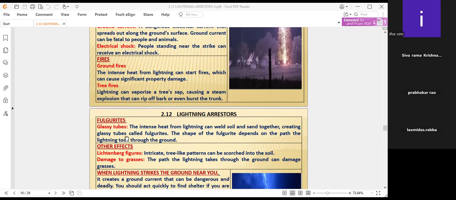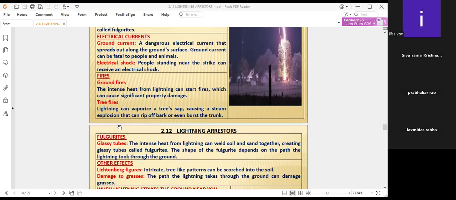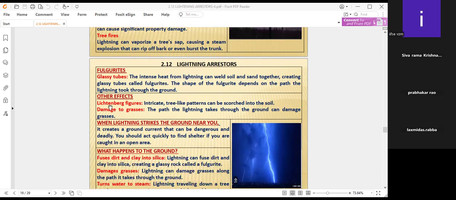Very serious effects are those other than these ground shocks, ground current, electric shocks, fires, tree fires, and glossy tubes. There are other effects also, for example Lichtenberg figures, intricate tree-like patterns that can be scratched into the soil.